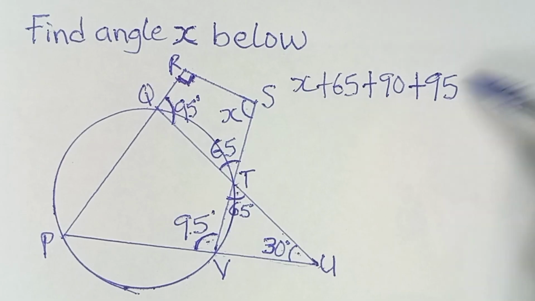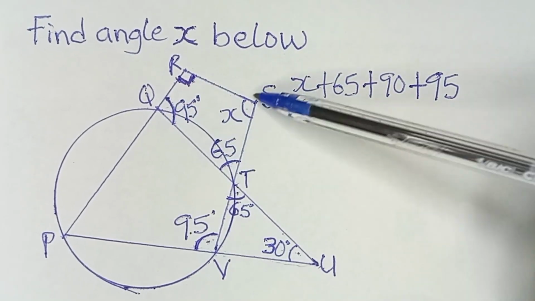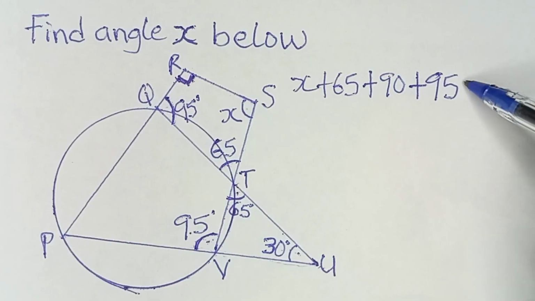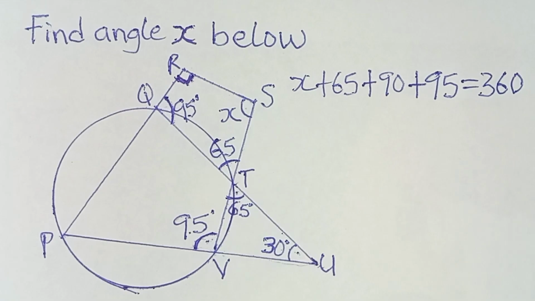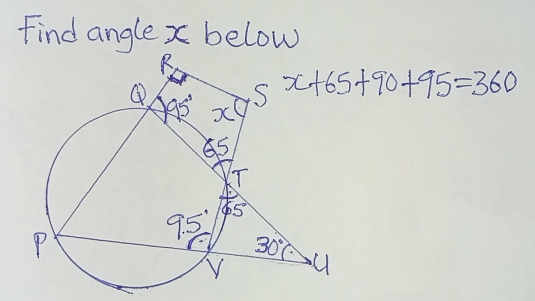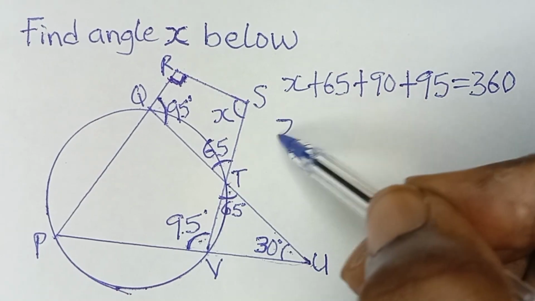All these four angles of this quadrilateral add up to 360 degrees. Don't forget, all the angles of a quadrilateral add up to 360 degrees.